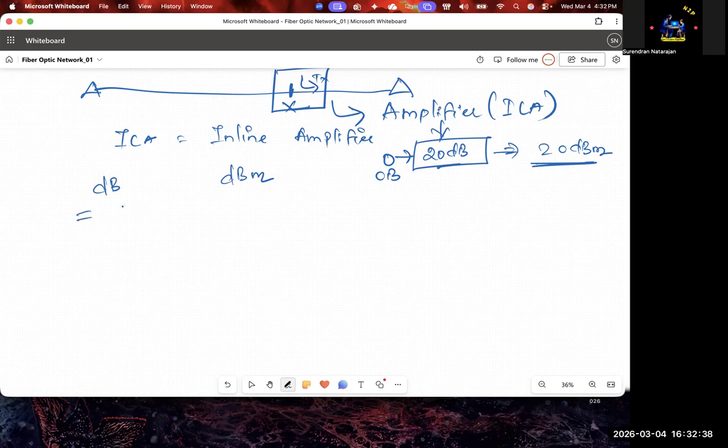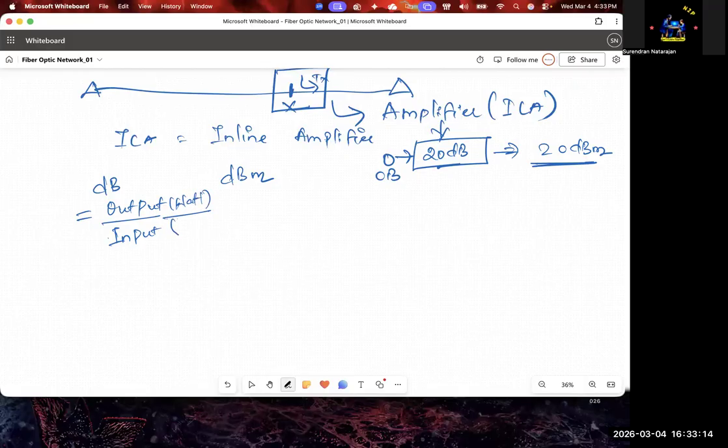dB is usually used when you are comparing the output power by the input power. Here both are in watts.